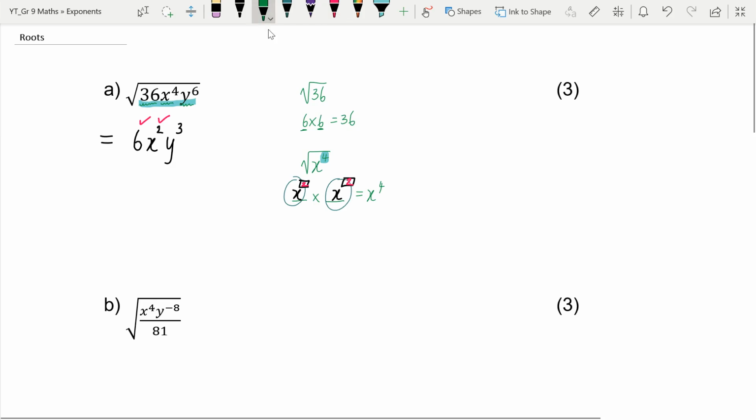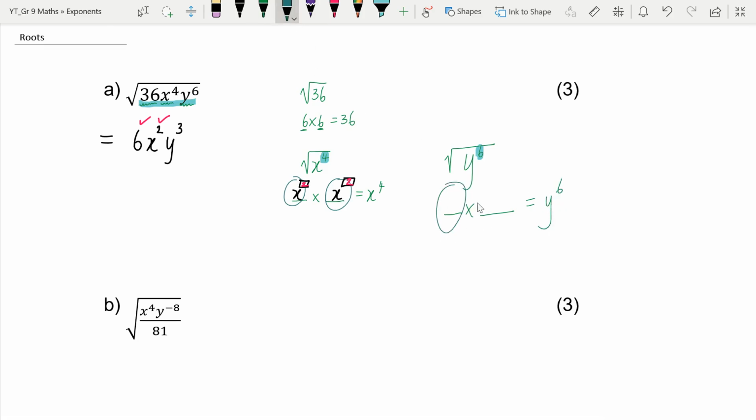Then let's look at the square root of y to the power of 6. 6 is in the exponent. So a lot of students would say that, no, you can't do that because 6 is not a perfect square, so we can't get a square root of it. But 6 is not a base in this case. It is part of the exponent. So same thinking. We've got a number times itself that is equal to y to the power of 6, and that would be the square root of it.